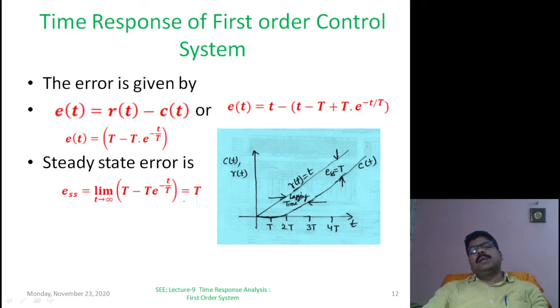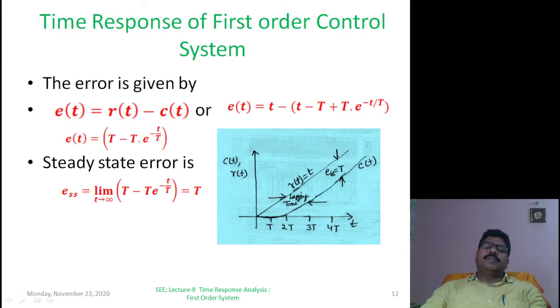So there will be error between the reference and the output, and that you can see here in this diagram. There are two curves. One is between output and time, another is between the reference input and time.